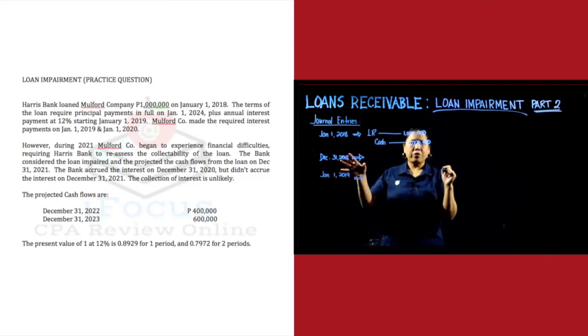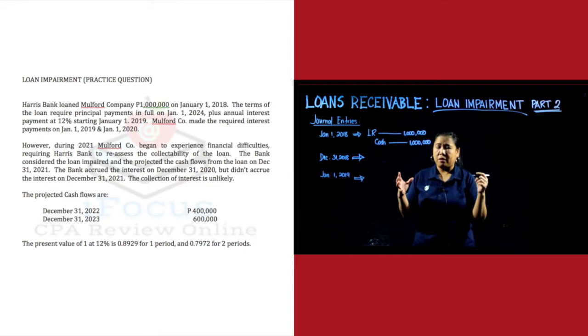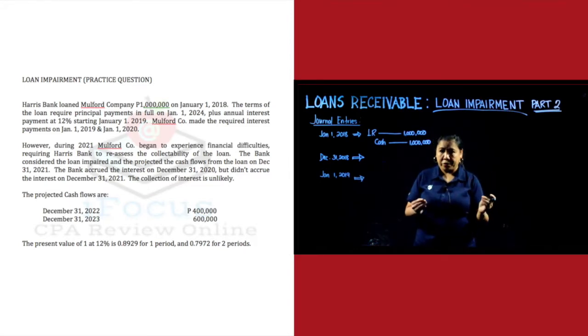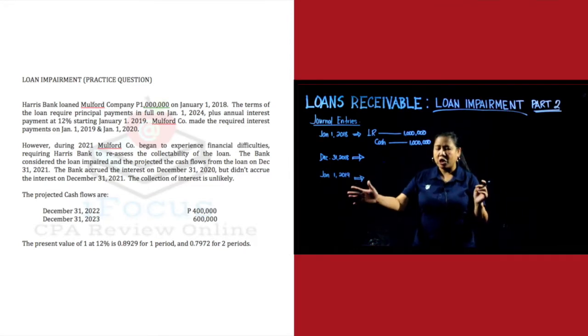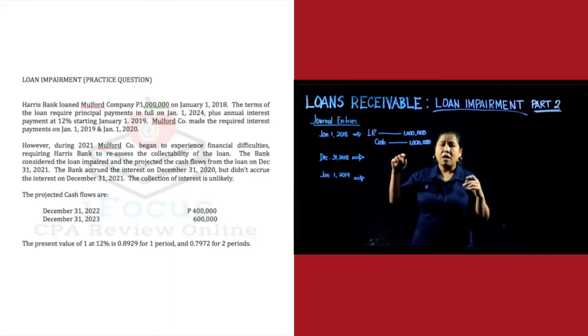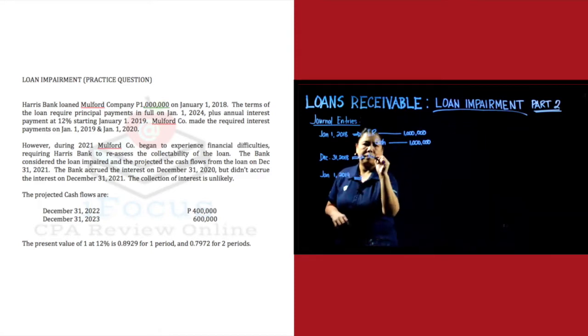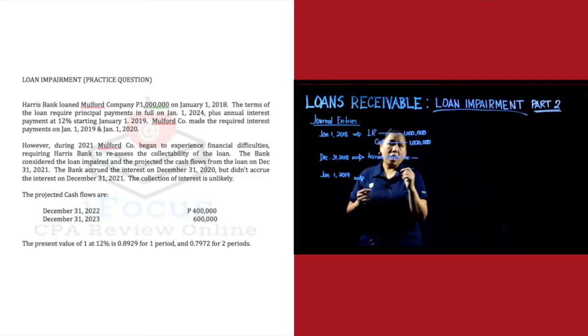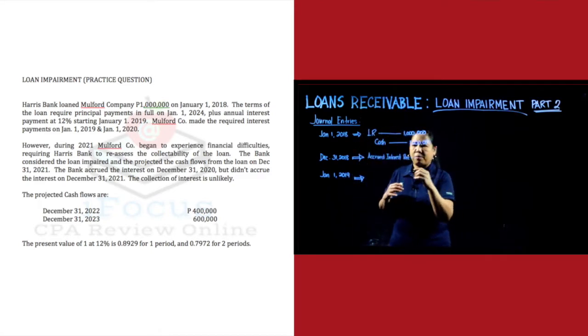So, noong December 31st, 2018, na-earn na niya pero hindi pa niya nare-receive. Kailan niya ma-receive? So, January 1, 2019. So, on December 31st of 2018, ang entry natin sa na-earn niyang interest is debit to accrued interest receivable and credit to interest income of 120,000.